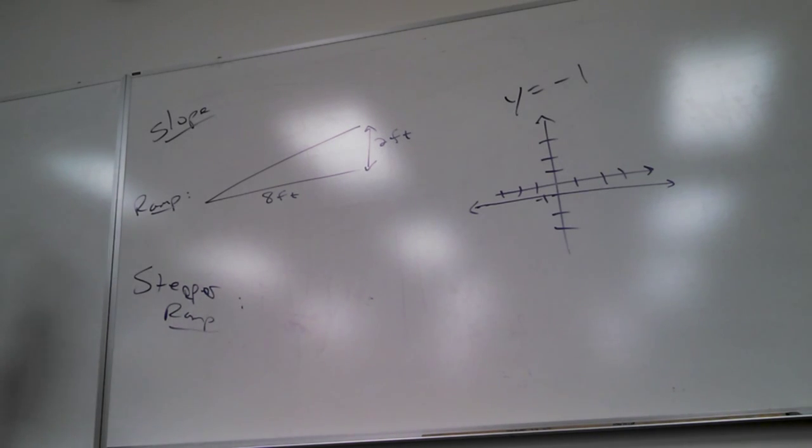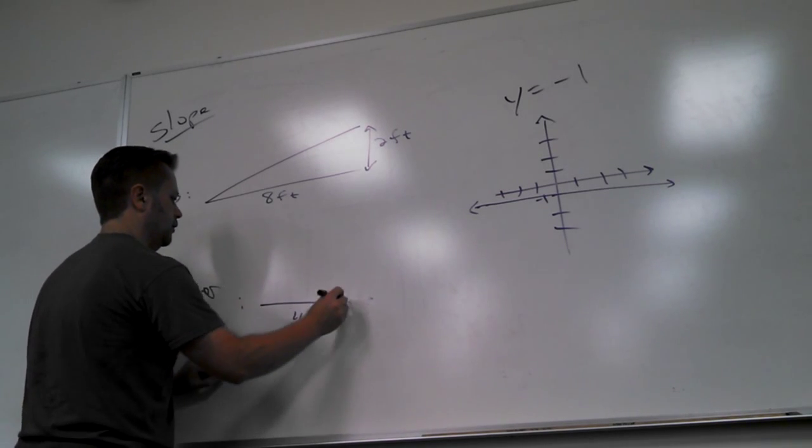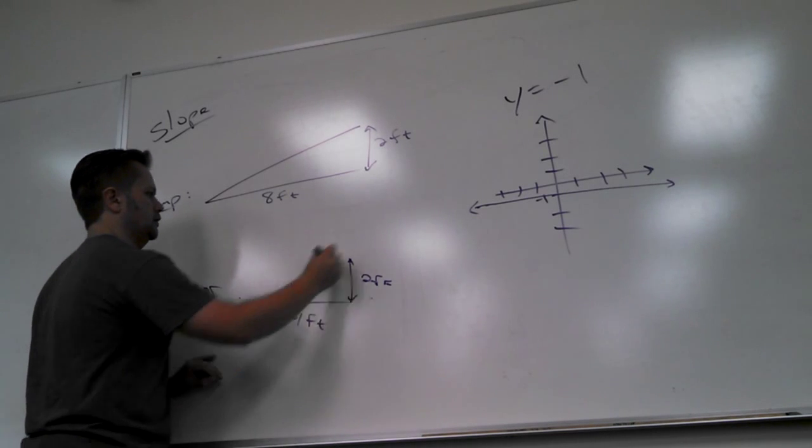It's either got to go taller in the same 8 feet, or it's got to go 2 feet in less distance, right? Either one. So if I make it run only 4 feet, but then go up 2 feet, that's going to be steeper.